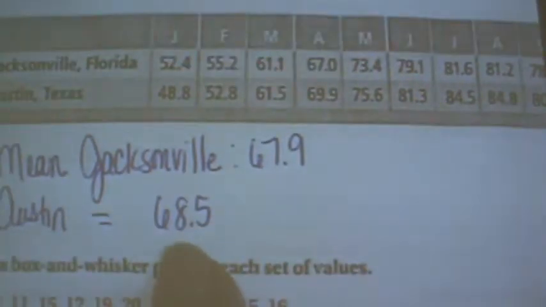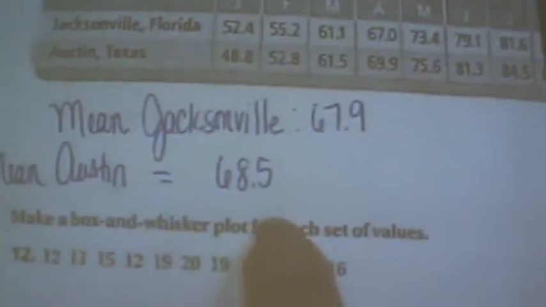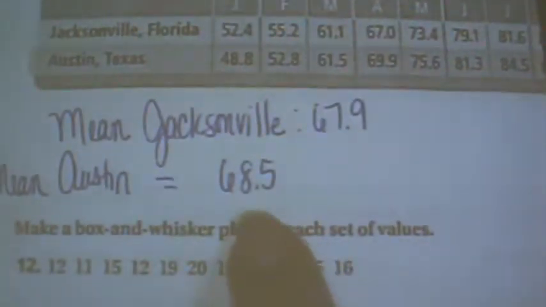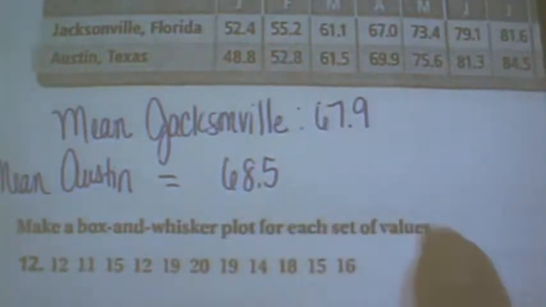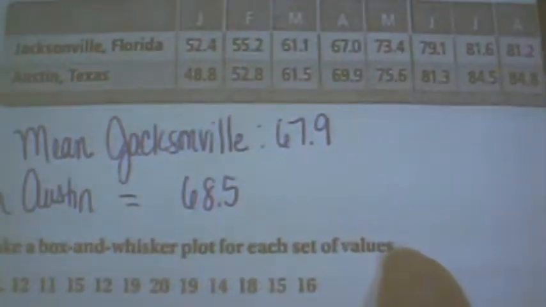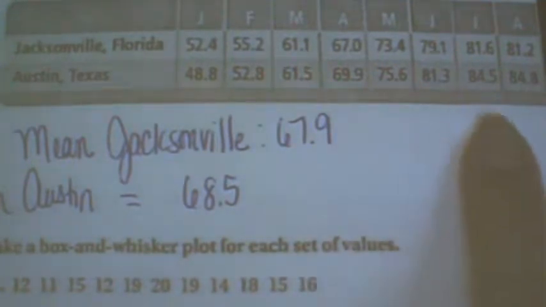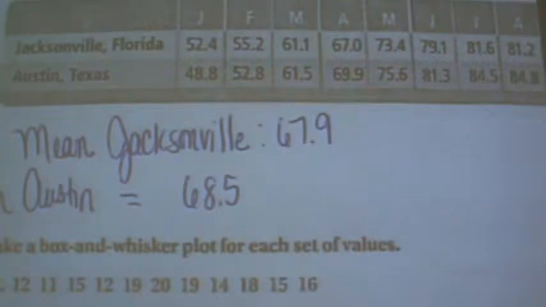So you could actually say that the average temperature in Austin is higher than the average temperature in Jacksonville. Okay, and you do the same for mode, the temperature that occurred most often, and same with the median. You just compare them, which is higher, which is lower.